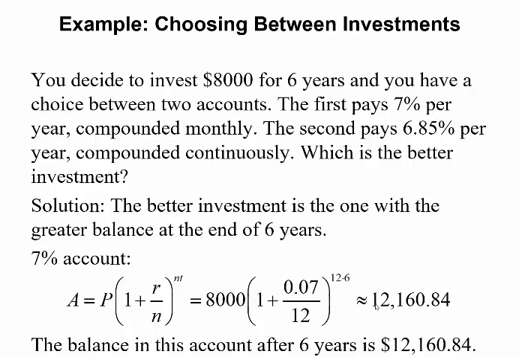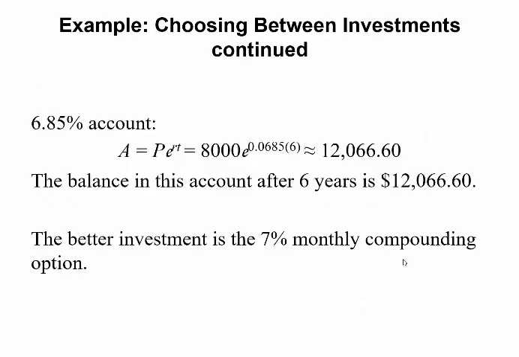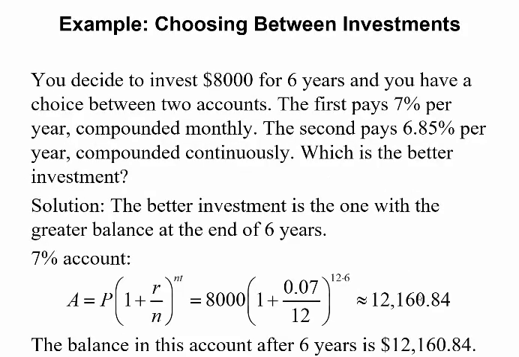After 6 years, this account getting 7% compounded monthly would have $12,160.84. That's really good. So keep that in mind.